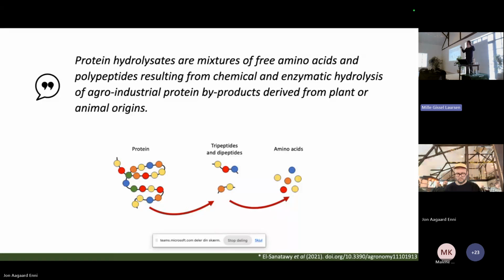Or you could have a plant origin one, like a pulse legume, a seed meal, alfalfa, lucerne, anything high in plant protein. We could take those materials and digest them back to the constituent amino acids. So a protein hydrolysate is just taking anything high protein and breaking it down into various mixtures of aminos and peptides and the like.